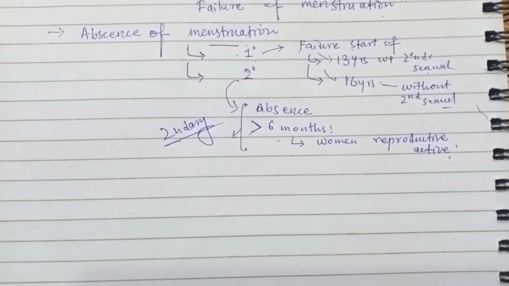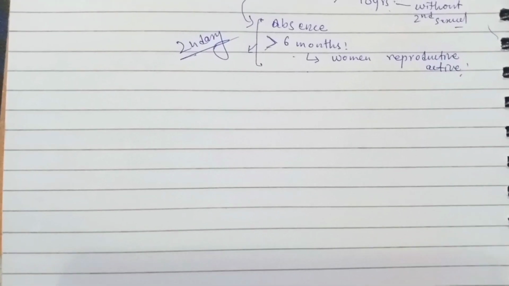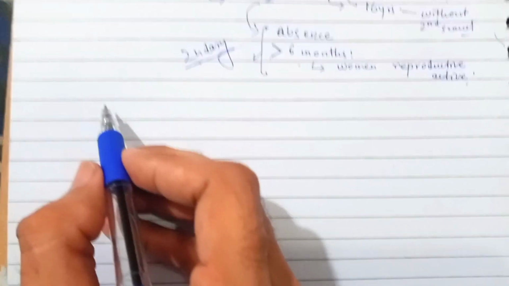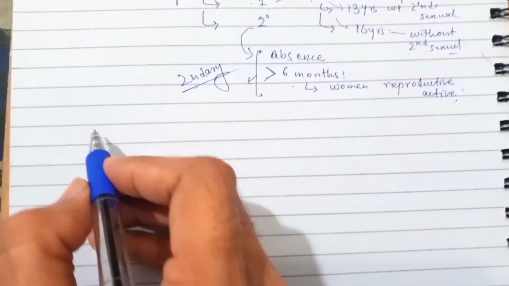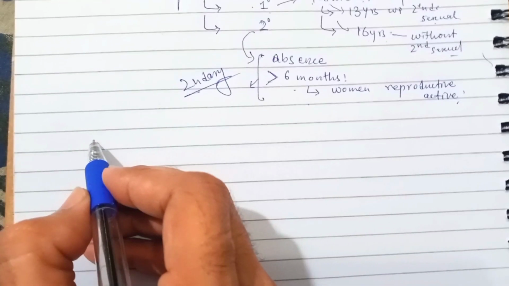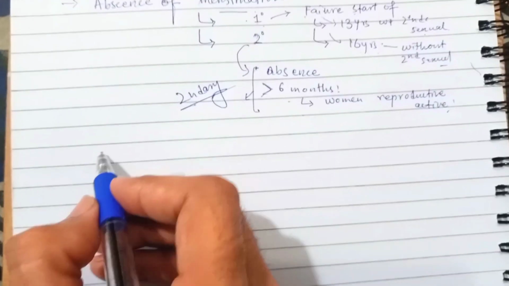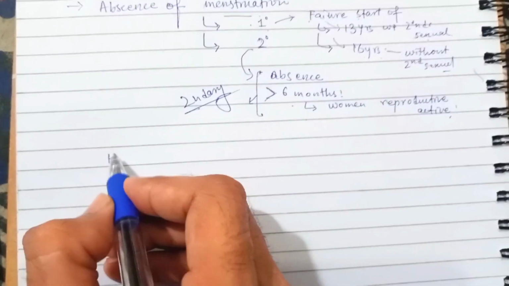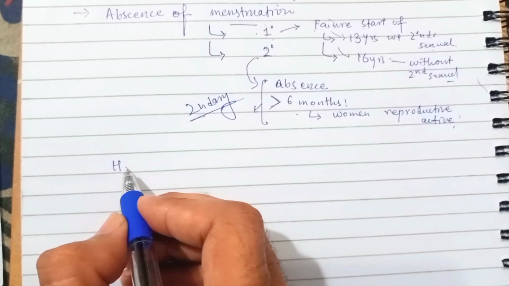Now let's talk about the causes of amenorrhea. Before going to the causes, we should know how menstruation occurs in a woman. For this, we have to draw a flow chart.